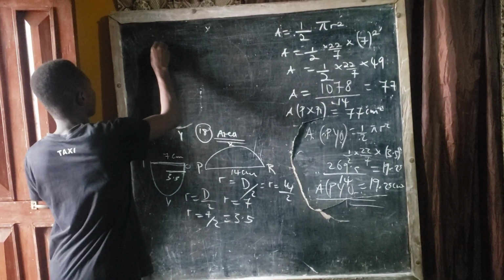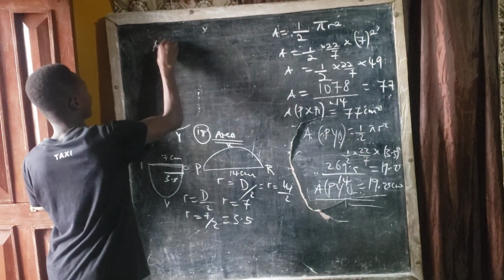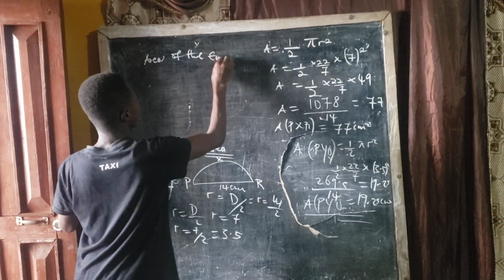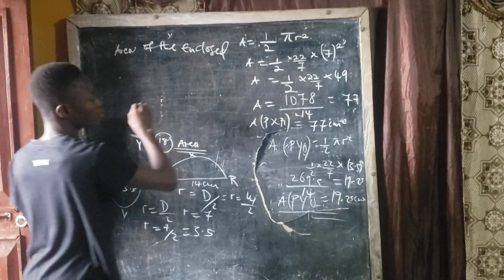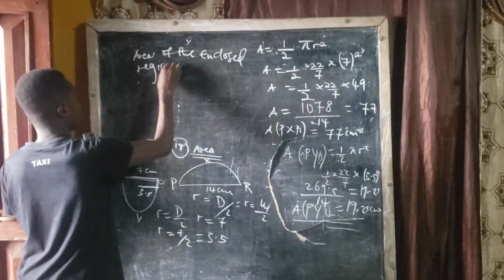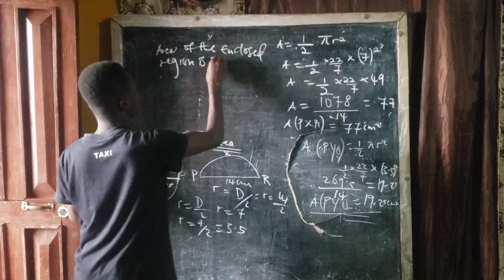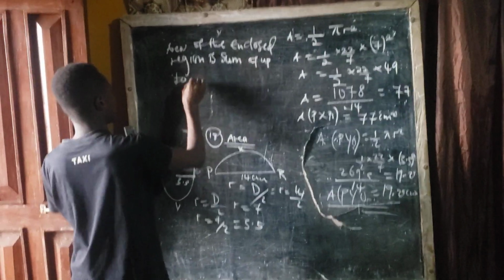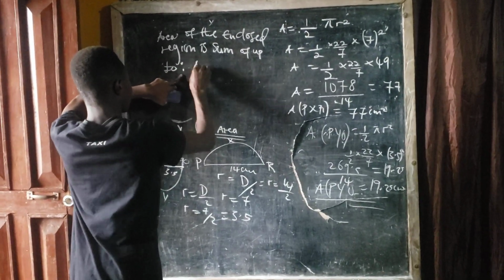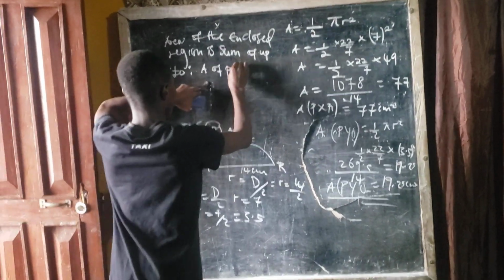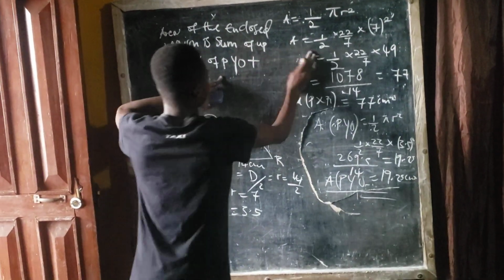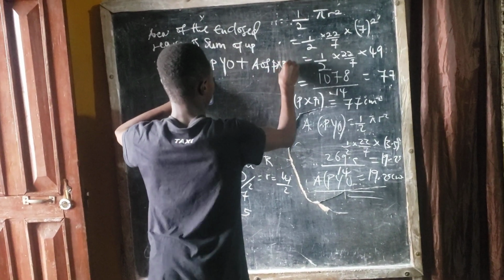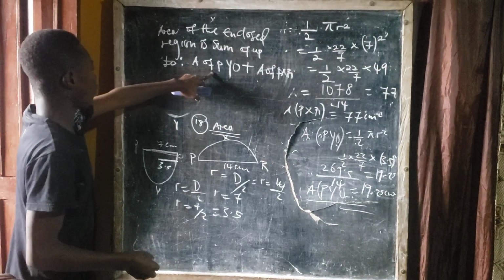So the area of the enclosed region is the sum of the area of PYO plus the area of PXR.